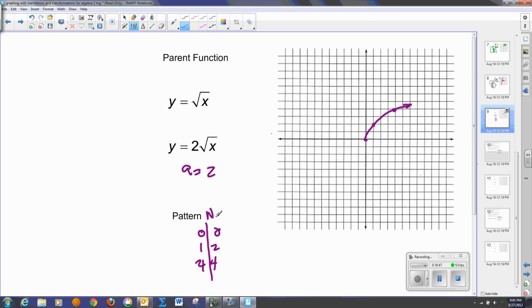This is the new pattern. My original pattern for root x is 0, 0, 1, 1, 4, 2. That's for x and y. You'll notice here that all these new y values have doubled.